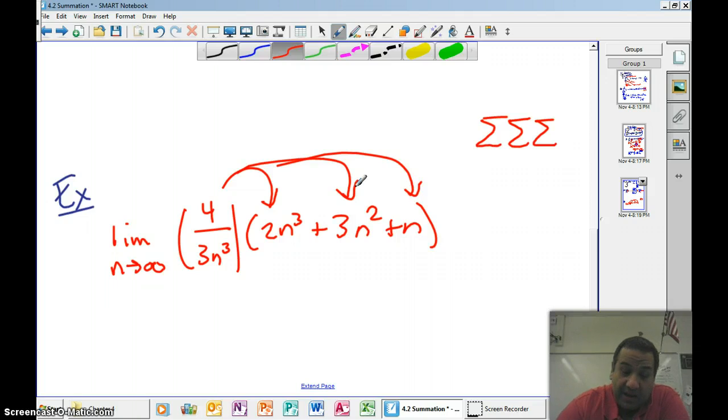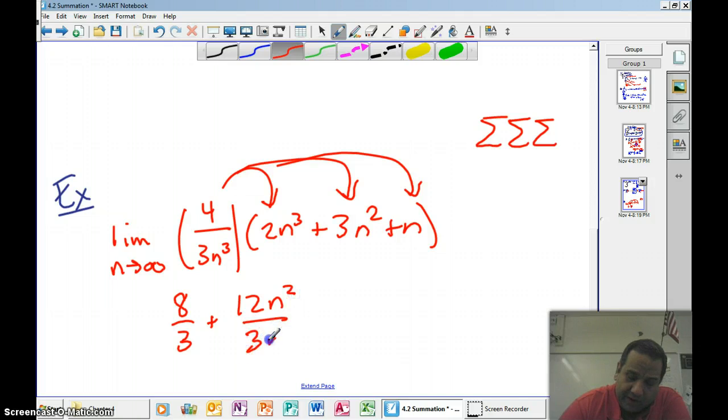Okay, anyway, here we go. What do we get? We get 8/3 on the first one plus 12n squared over 3n cubed plus 4n over 3n cubed. Limit as n goes to infinity.